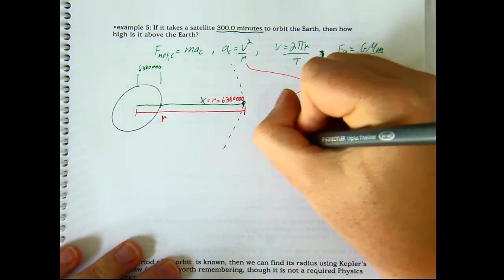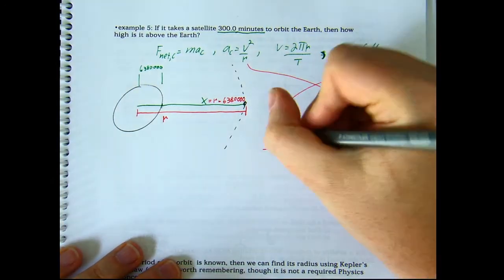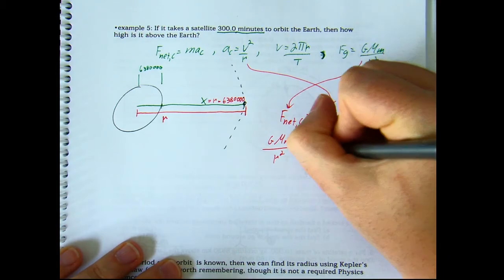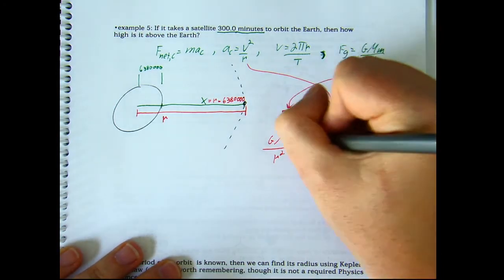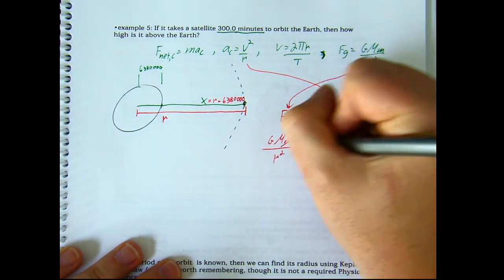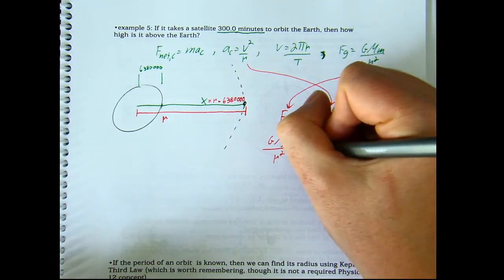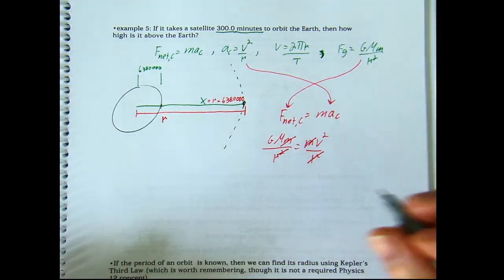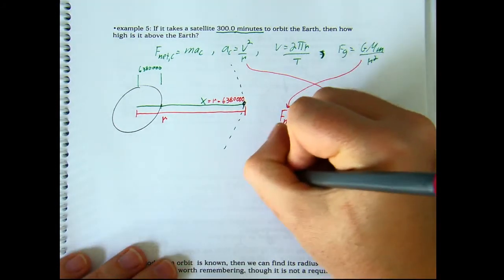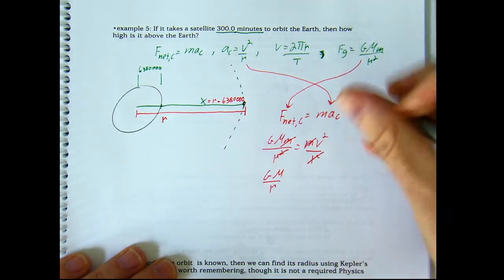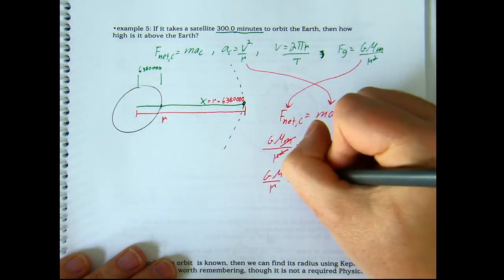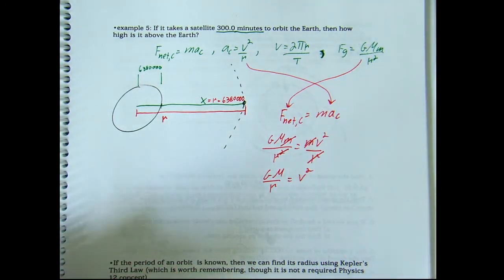So we're going to get G M m over R squared equals m v squared over R. The m's are going to cancel, and the squared is going to cancel with that right there. And so we're going to get this expression, G M over R equals v squared. We don't want any of those things.